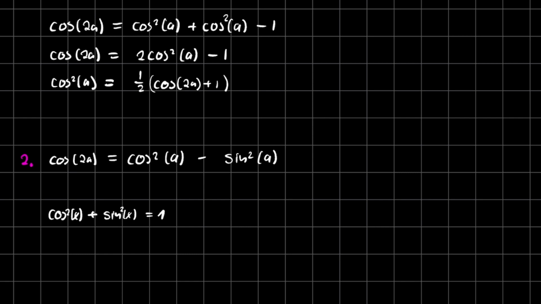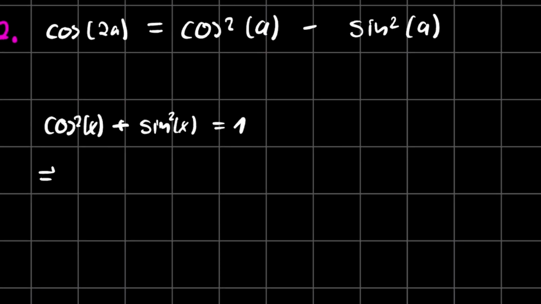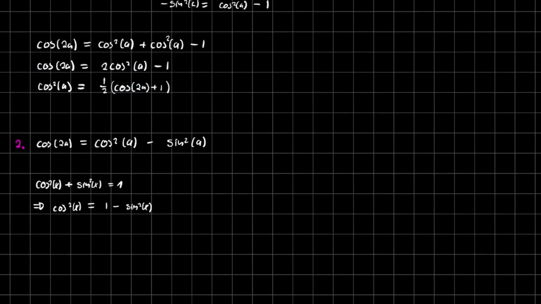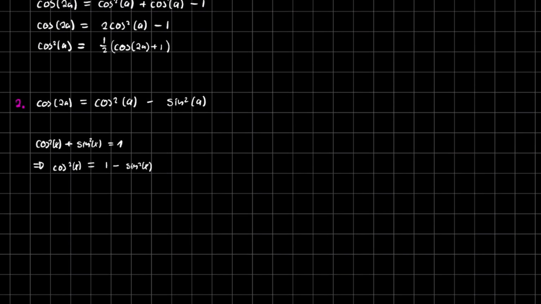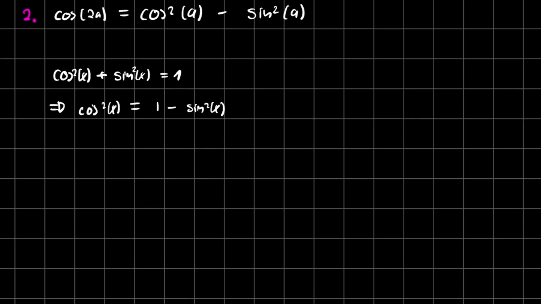Now sine squared of x is going to be equal to 1 minus cosine squared of x. No, sorry, it was the other way around. The cosine this time is going to be basically minus sine squared of x.